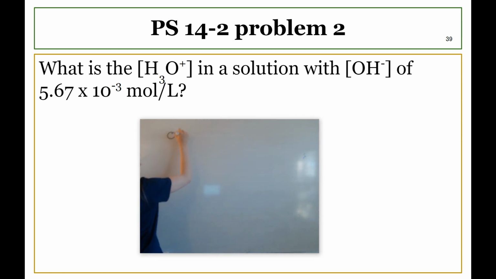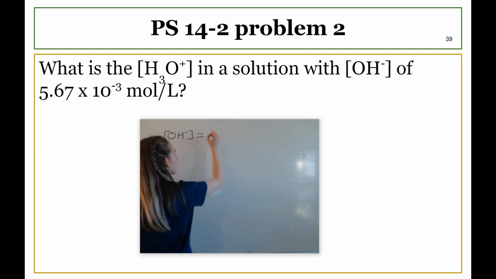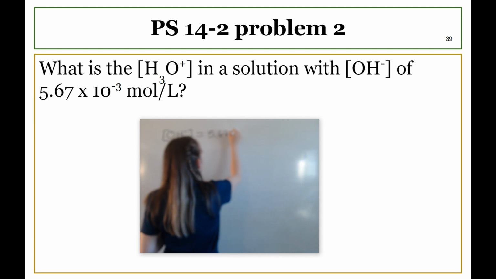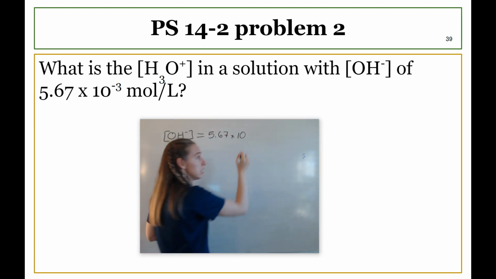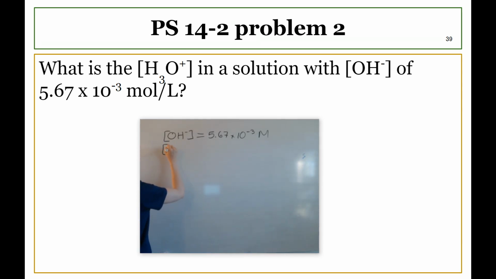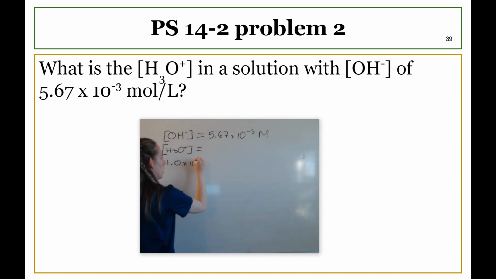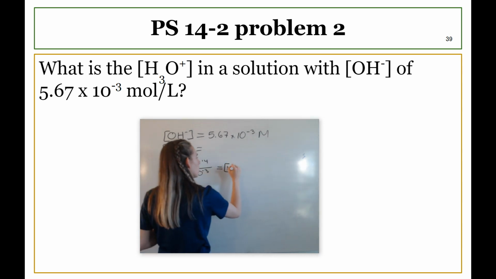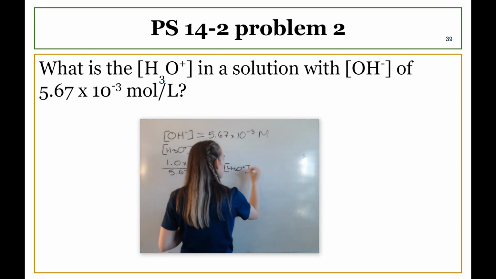So it's telling us OH concentration is equal to 5.67 times 10 to the negative 3. Moles over liters is molarity, and we're asked for H3O. So we're going to take our 1 times 10 to the negative 14 divided by your hydroxide, and that is going to equal your hydronium, your H3O.